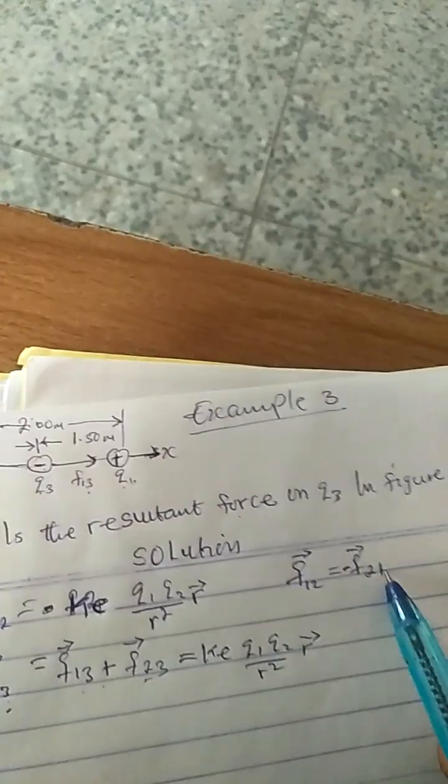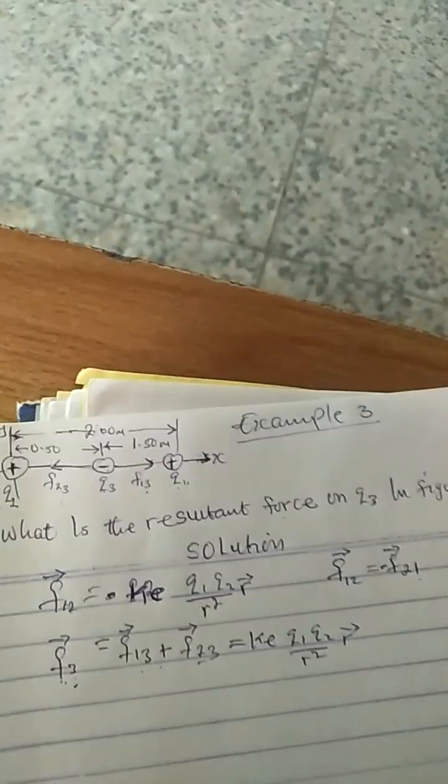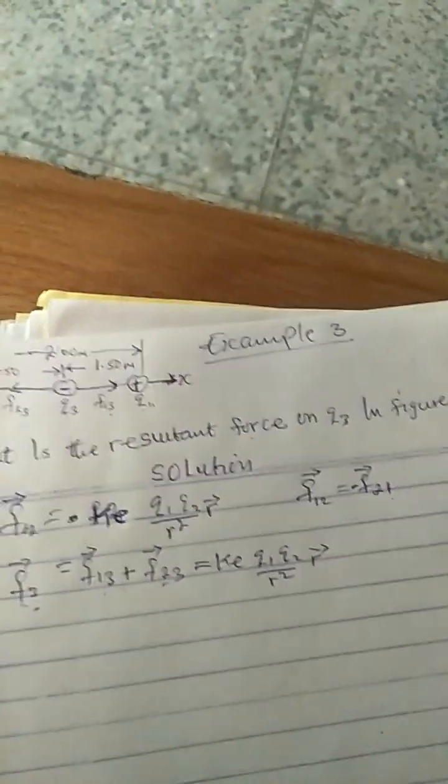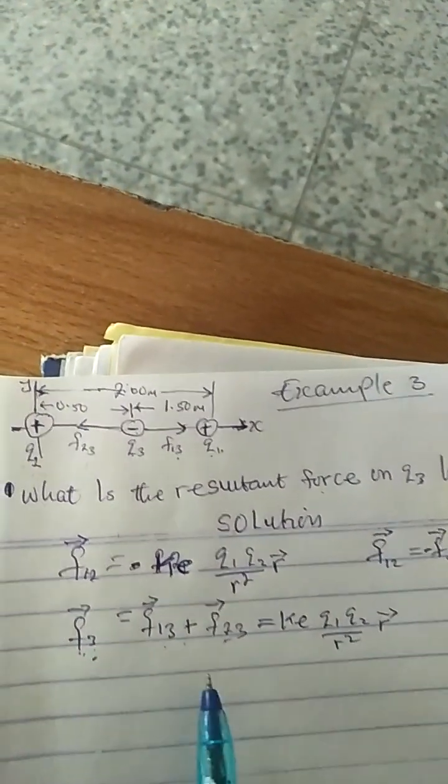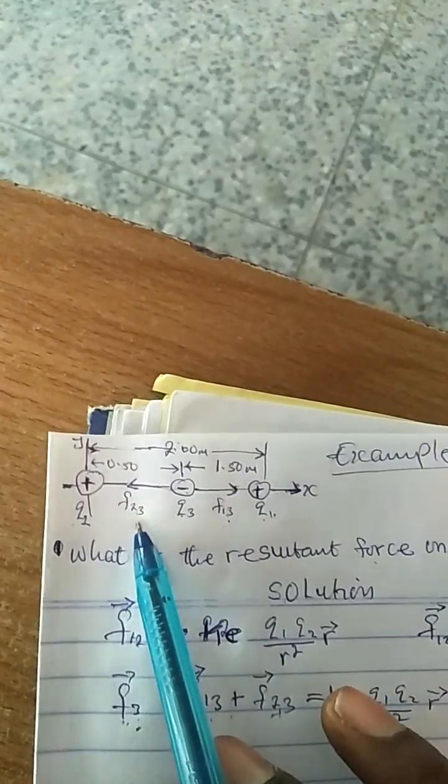Just forget this number, it doesn't really matter. This F12 and F21 is just telling you the number of forces that are present in the given diagram. And if you come to this diagram, you see that we have F23, which is the force here, and F13, which is the force here.